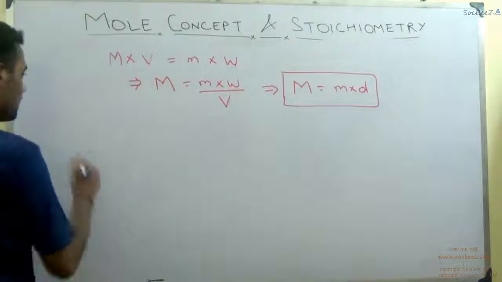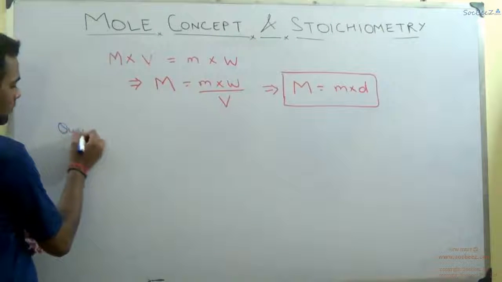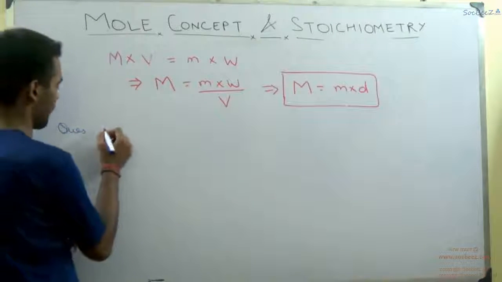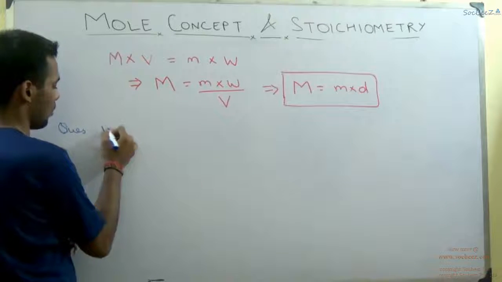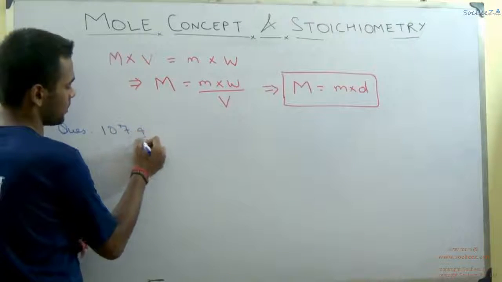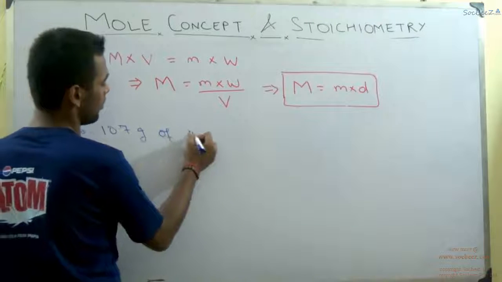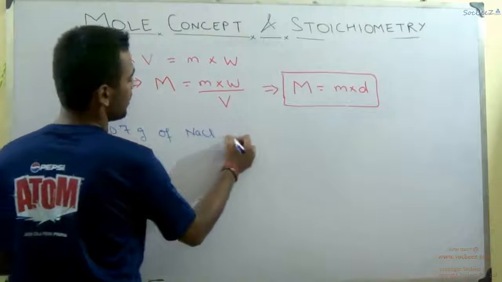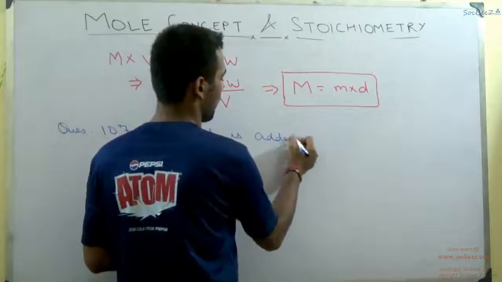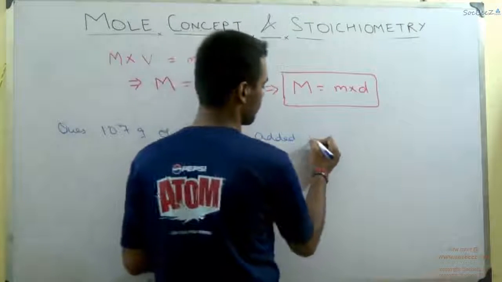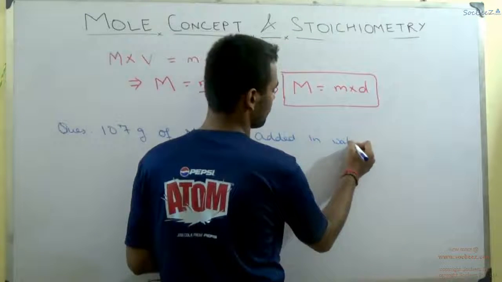The question says that 107 grams of NaCl is added in water.